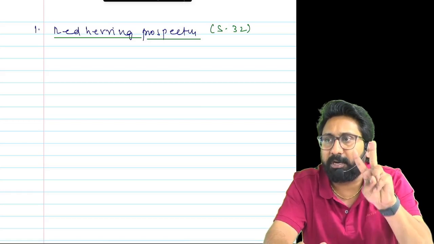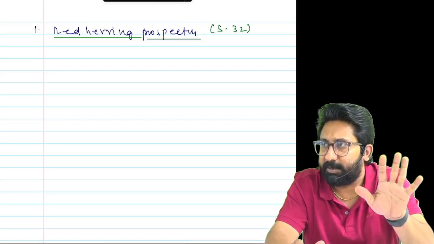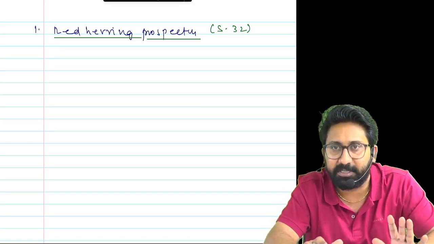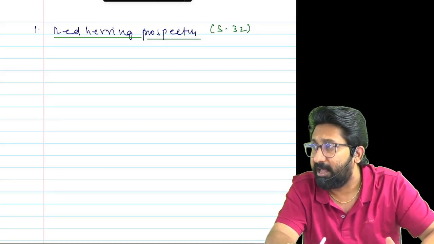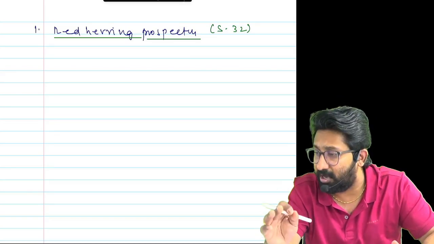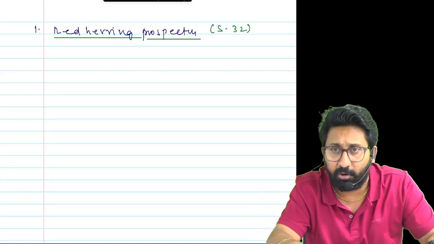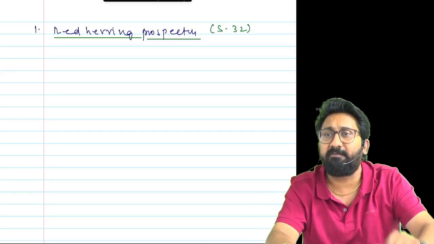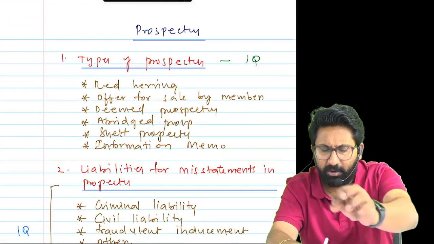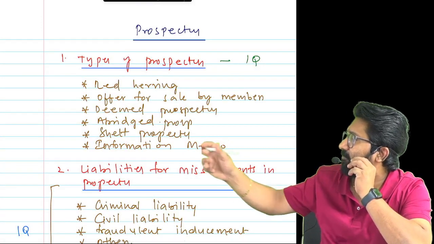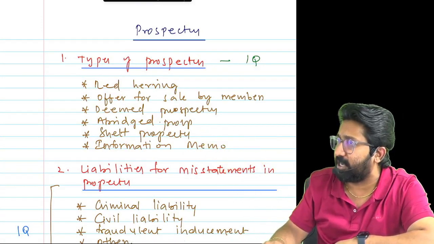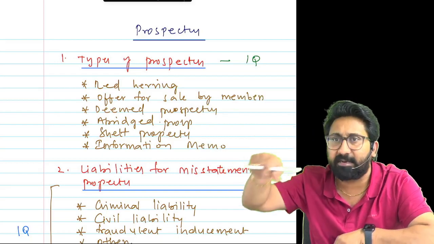There are 2 important slots in this. Number 1, types of prospectus. Number 2, liabilities for misstatements in prospectus. If you understand that, 95% of the chapter is completed; the remaining are small sections that you can read on your own. Mainly, people are uncomfortable with this. Now, if I ask you a question on red herring prospectus, offer for sale, deemed prospectus, abridged, shelf, information memorandum, can anyone answer?